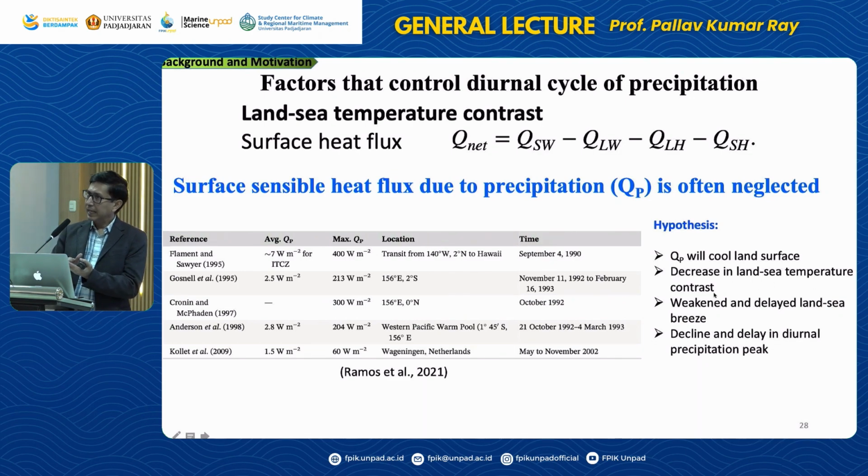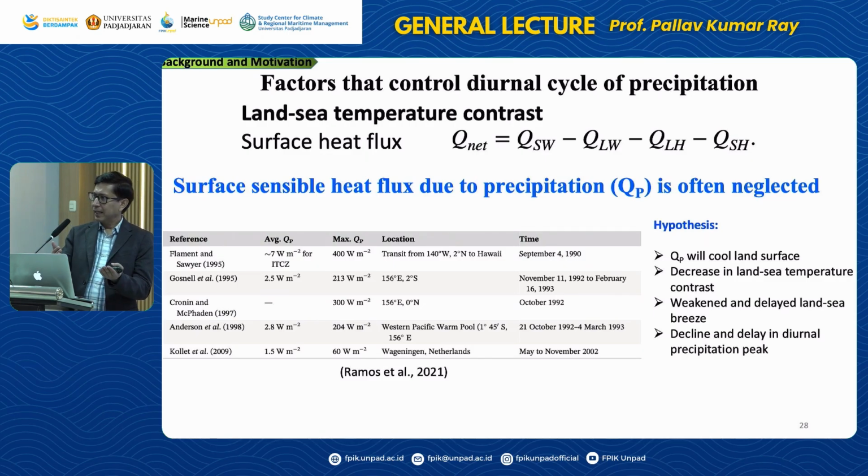Because earlier, land was much hotter, but now you are introducing a term that will cool down the land surface, which means there will be a decline in land-sea temperature contrast. And if there is a decline in land-sea temperature contrast, it will weaken and delay the land-sea breeze, correct? So the land-sea breeze will no longer come where it used to come before.